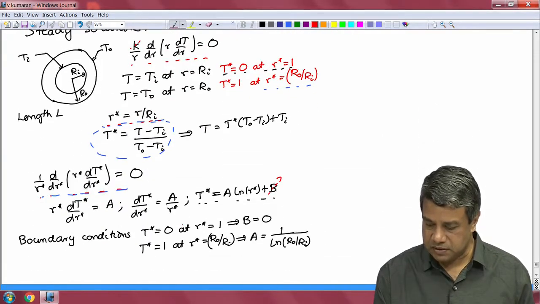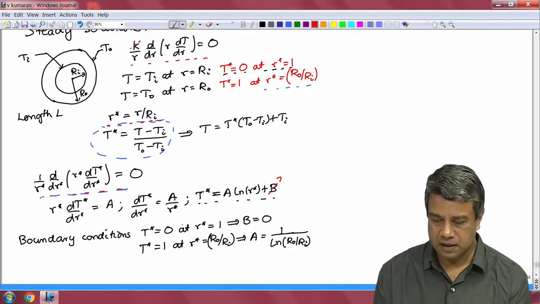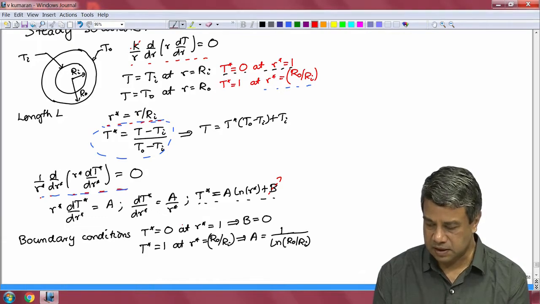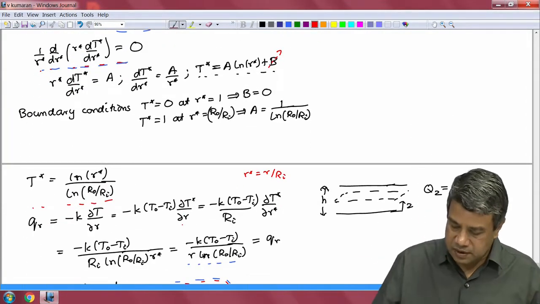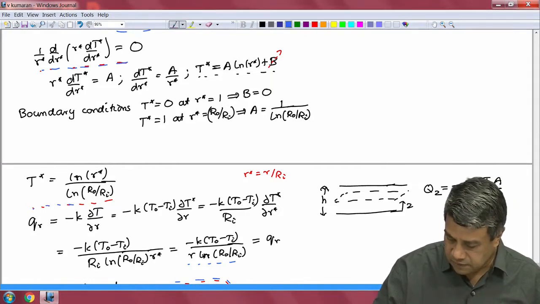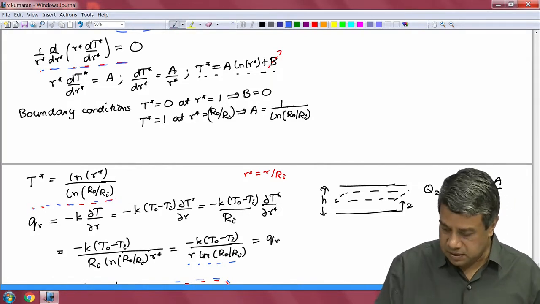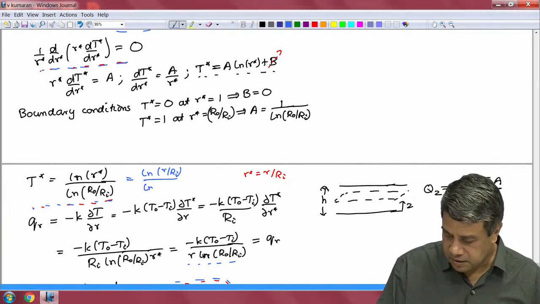And then we looked at steady solutions. For a steady solution between two temperatures Ti and To at radius Ri and Ro, the solution for the temperature field is given by log of R by Ri, effectively ln of R by Ri divided by ln of Ro by Ri.